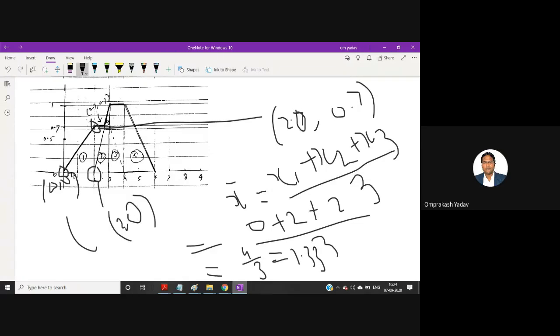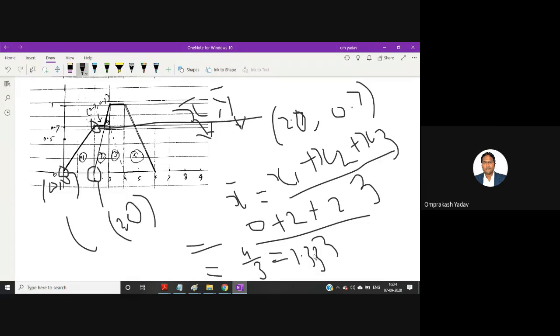Suppose the centroid will have two coordinates, x and y. So the centroid is denoted by x bar and y bar. To find the x bar, we say x1 plus x2 plus x3 divided by 3. To determine the y bar, we find y1 plus y2 plus y3 divided by 3. So this is the formula.